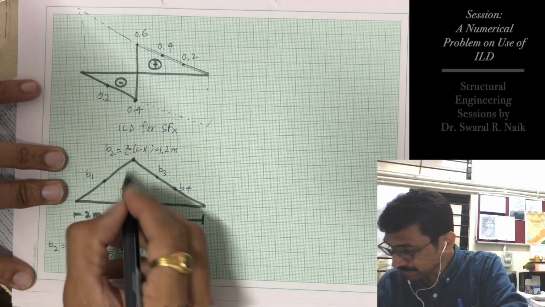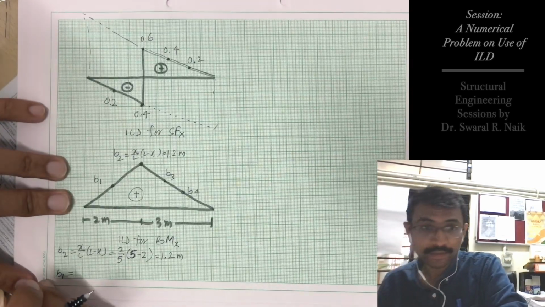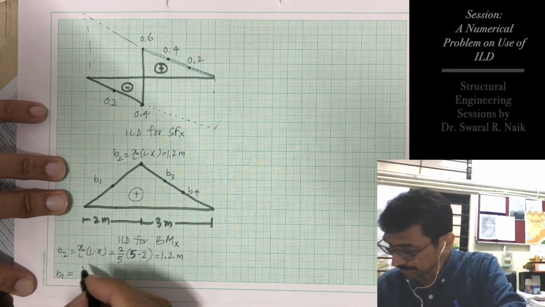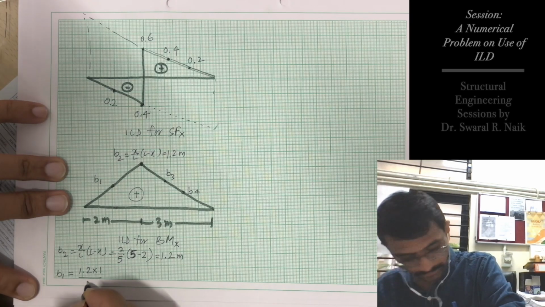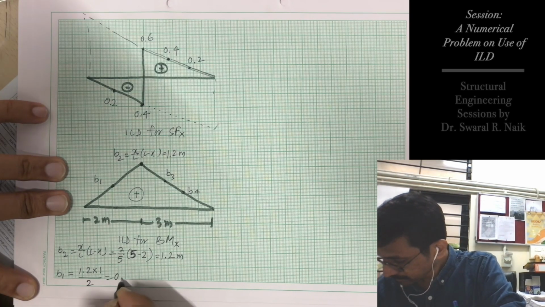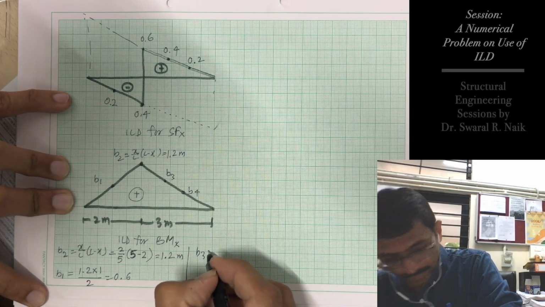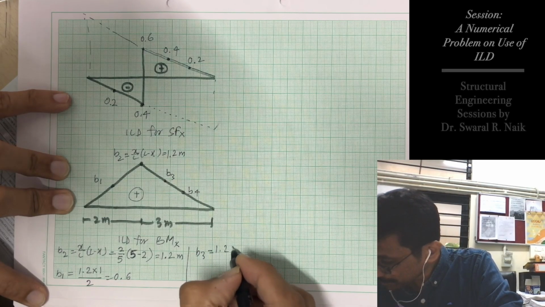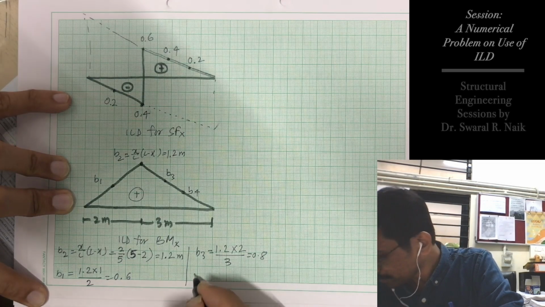Now using simple trigonometry, we can calculate B1. B3 would be 1.2 into 2 divided by 3, 0.8.